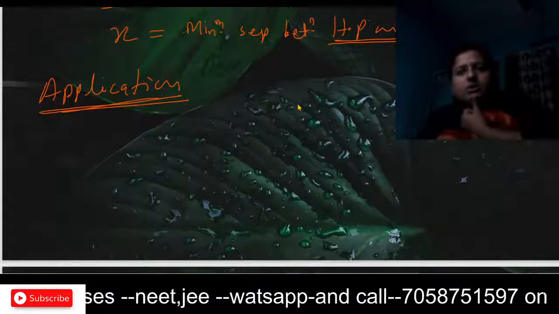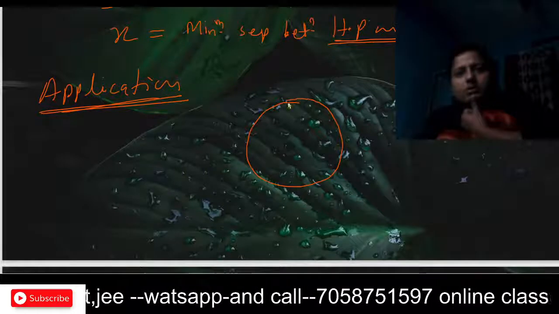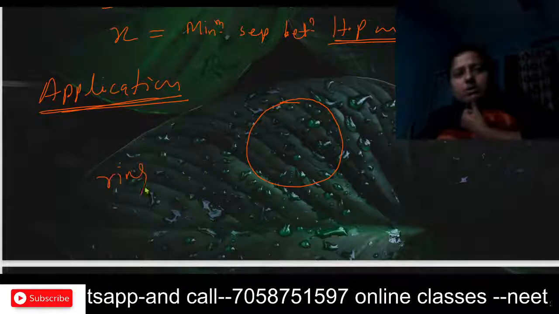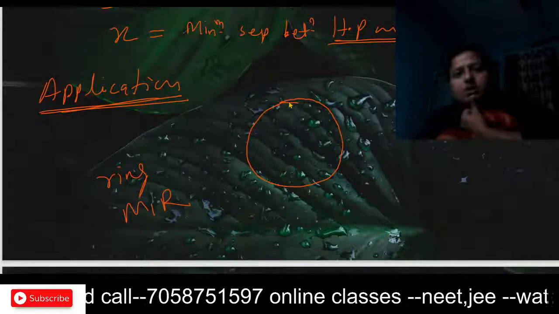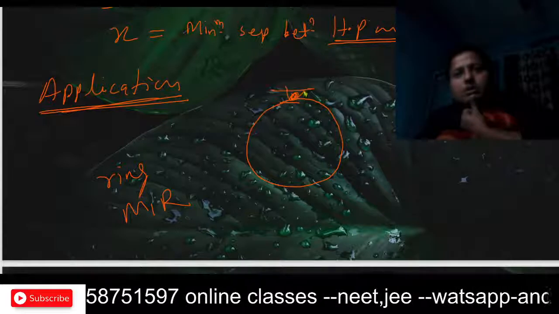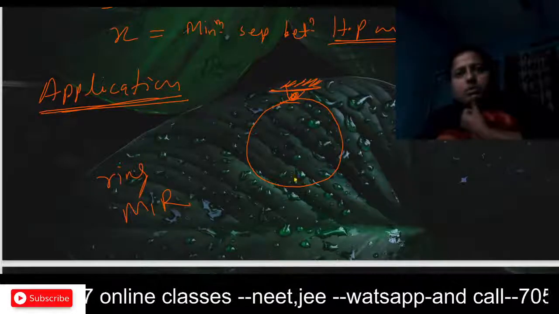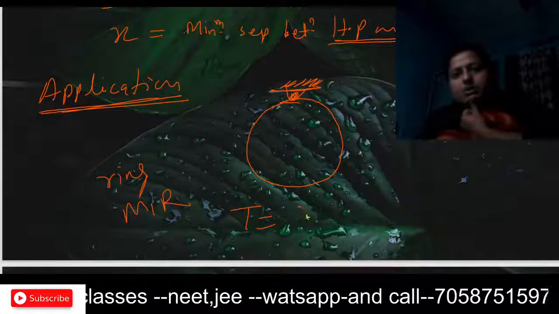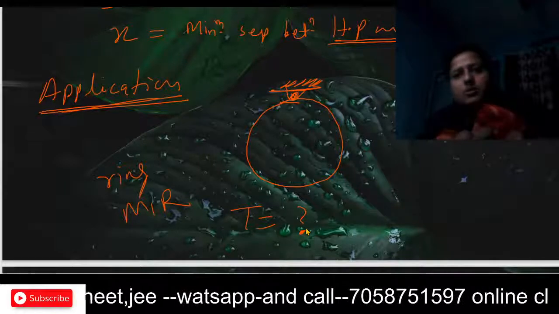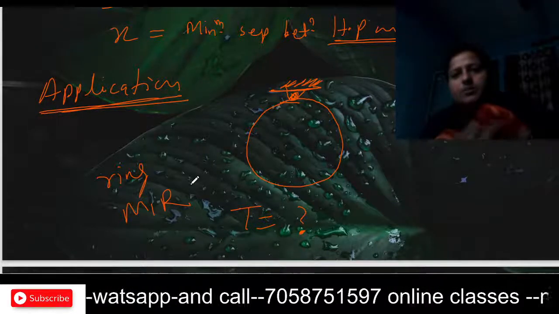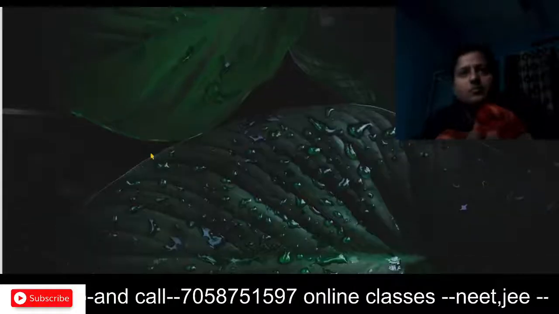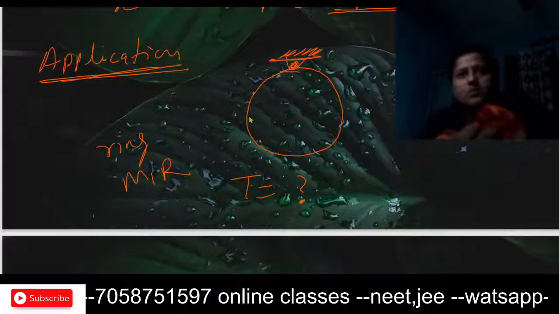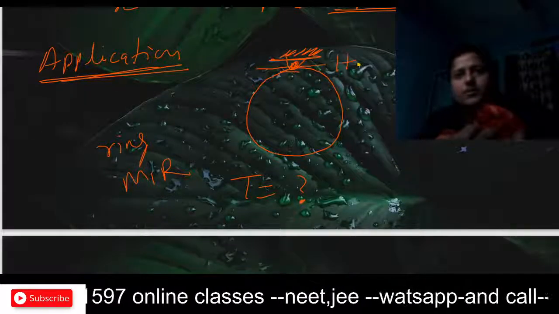Suppose there is a ring. There is a ring of mass m, radius r, and this point is hinged. So what will be the time period of this system? This is the hinge point.